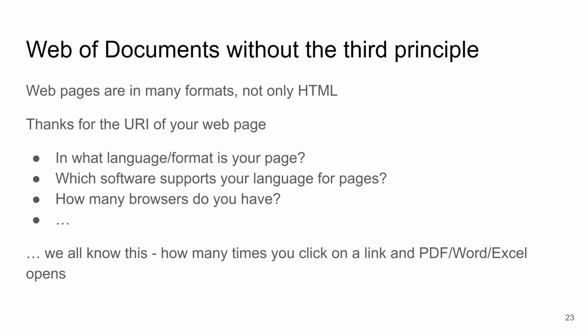But actually, we know this situation because this principle is sometimes broken even nowadays. Remember when was the last time you browsed the web on, for instance, your phone, and suddenly you found a link which downloaded a PDF file or a Microsoft Word file, and you had to install a PDF viewer or Microsoft Word viewer to be able to open that file.